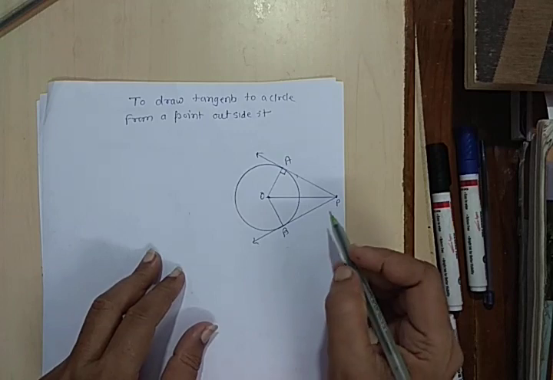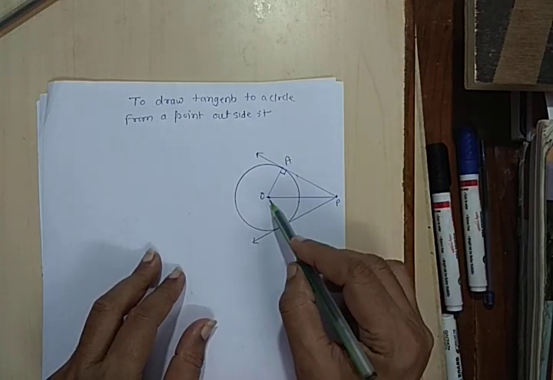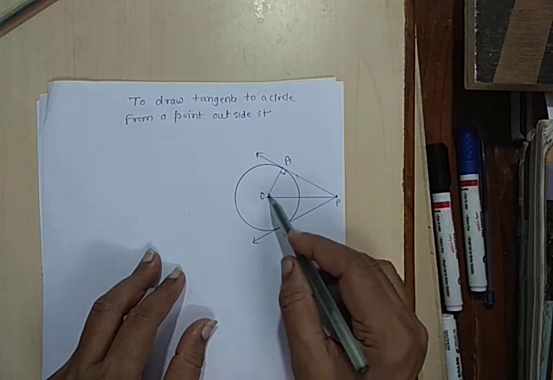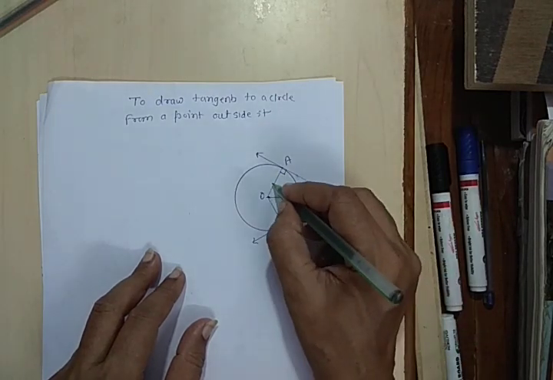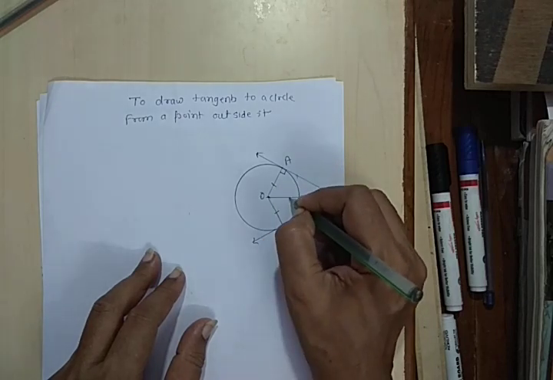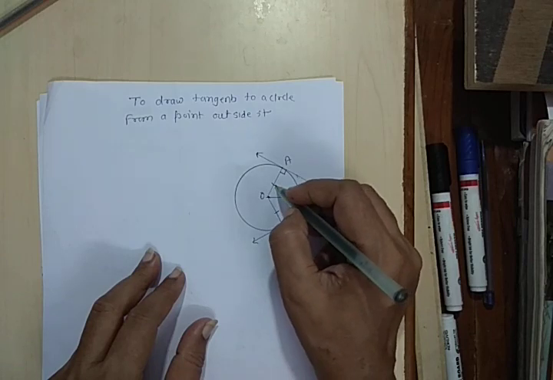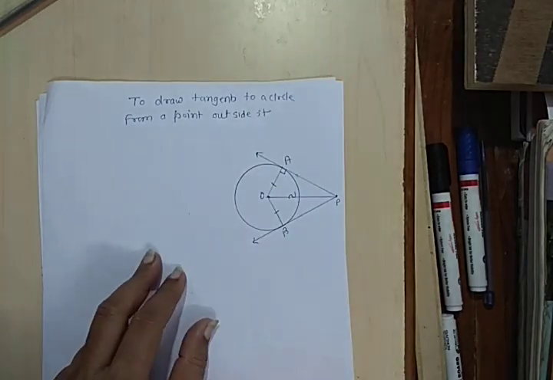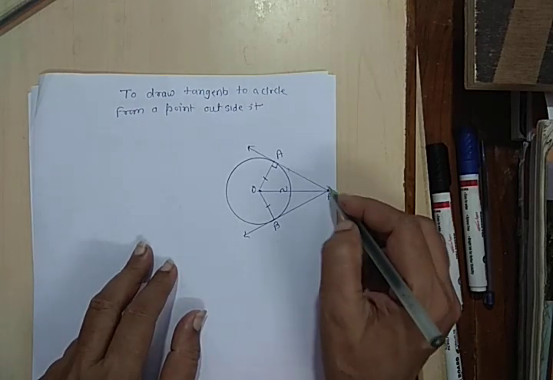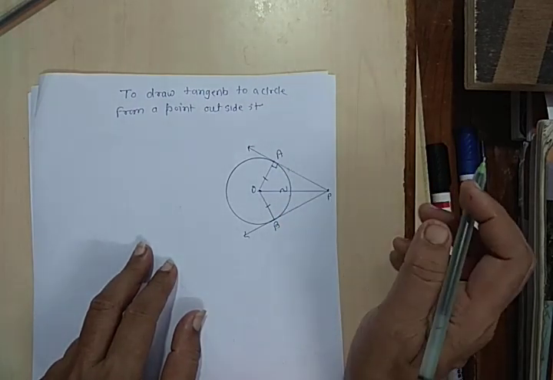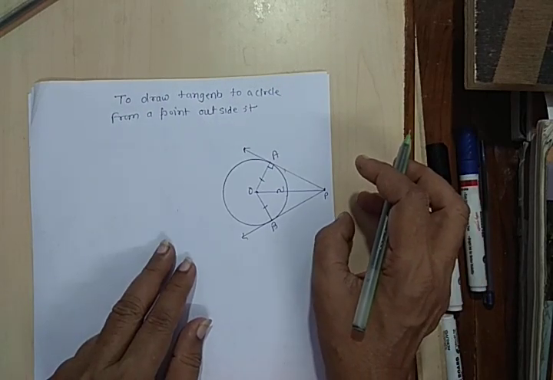Okay, if I join this, OP will be the hypotenuse for right angle triangles OAP and OBP, and these two triangles will obviously be congruent by RHS test because of hypotenuse, side and right angle. These two triangles are congruent. That means PA will always be congruent to PB. This is our tangent segment theorem. We all know it.